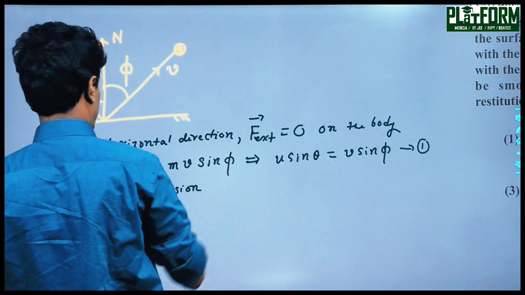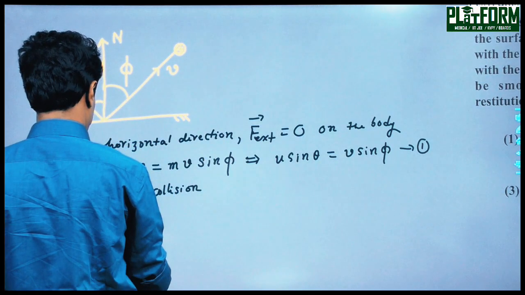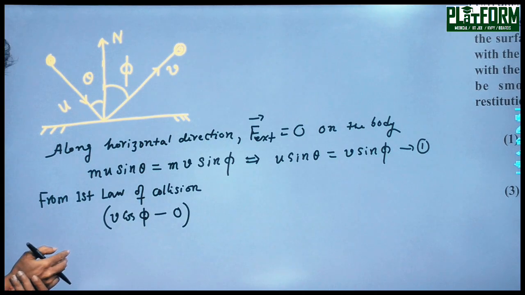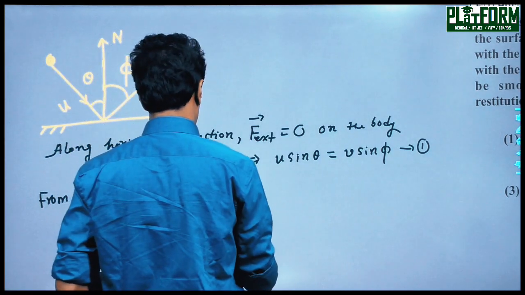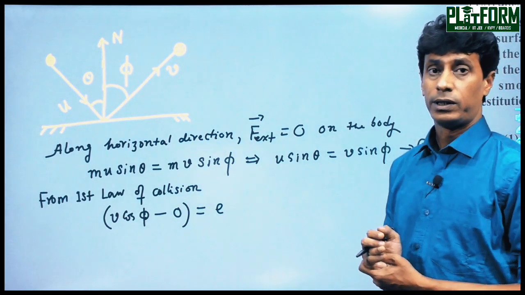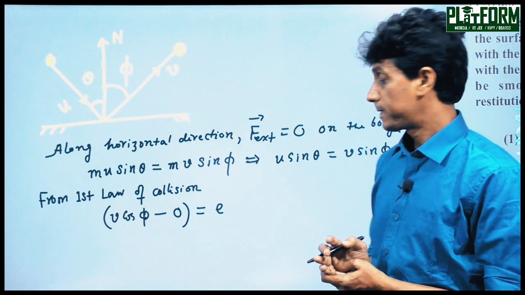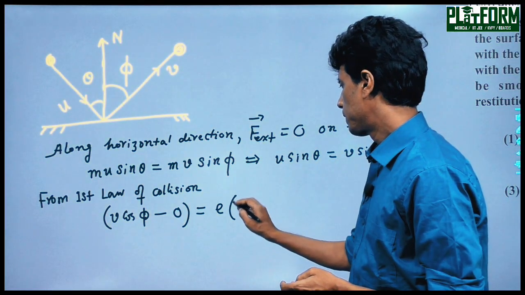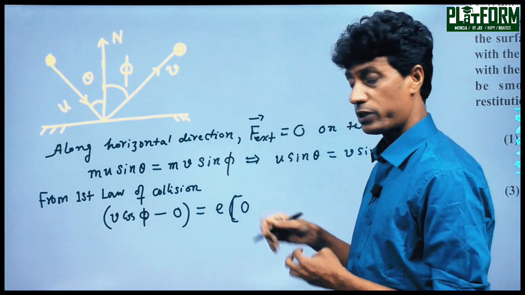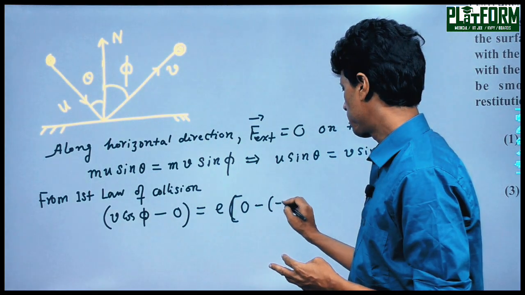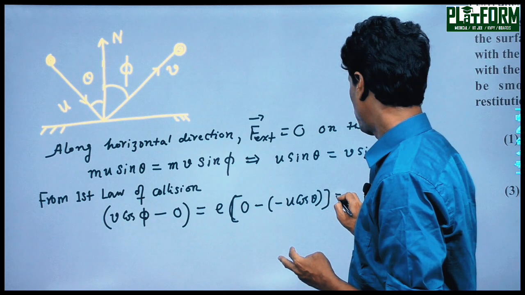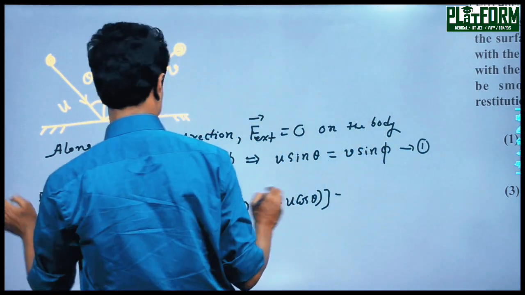So after collision, the relative velocity v cos phi minus 0, where 0 is the velocity of the ground, is equal to e, the coefficient of restitution according to Newton's law of collision, times the relative velocity before collision, which is opposite, minus u cos theta, minus of minus u cos theta.